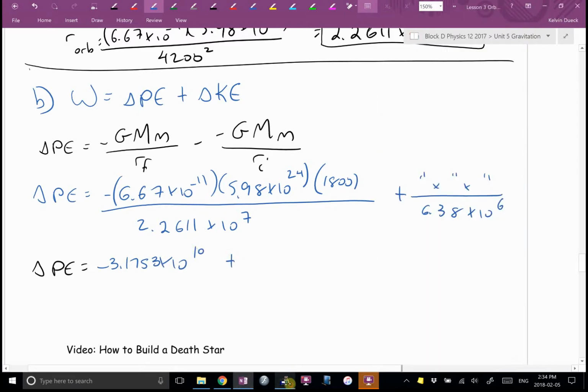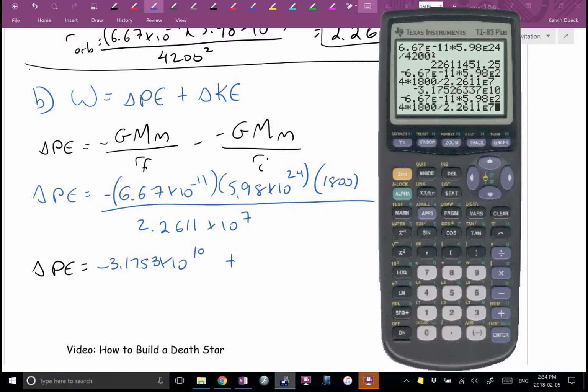Then I have a plus sign and a backspace and edit the negative out. 6.38 times 10 to the 6th. And I get positive 1.1253 times 10 to the 11th.